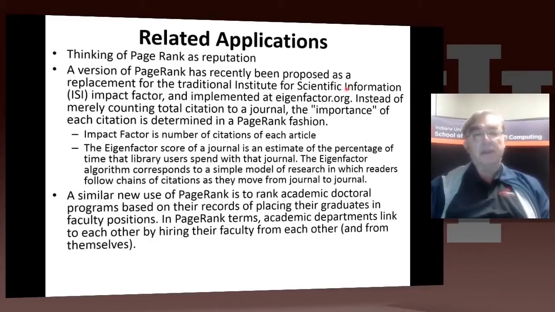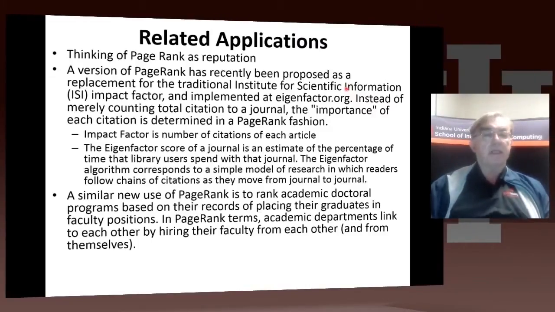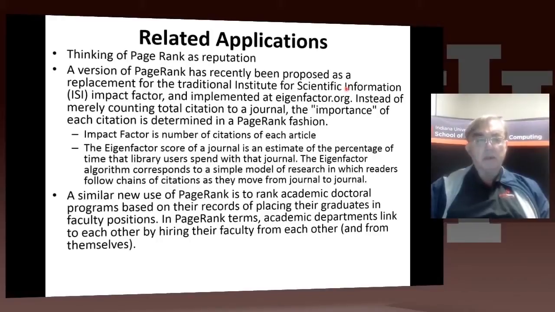This concept can be generalized because you can think of page rank as a reputation. In the web page example, it's the importance of a web page, which is similar to the reputation of a web page. And so you can use this concept with other types of entities. One of the examples is trying to rank journals.